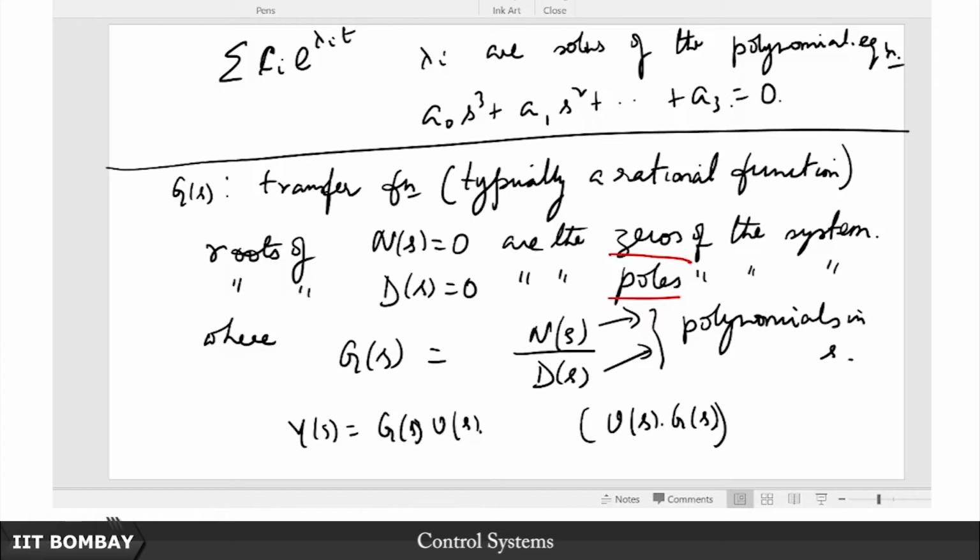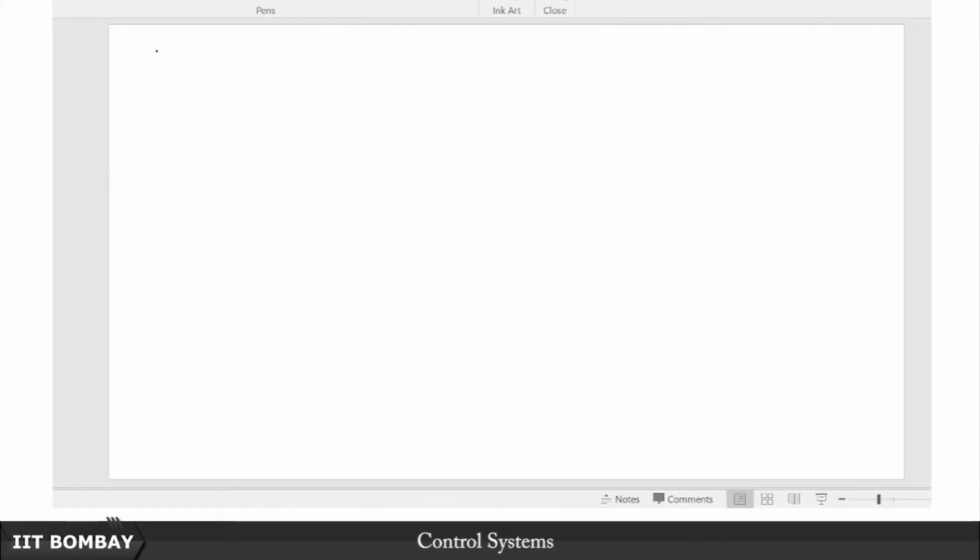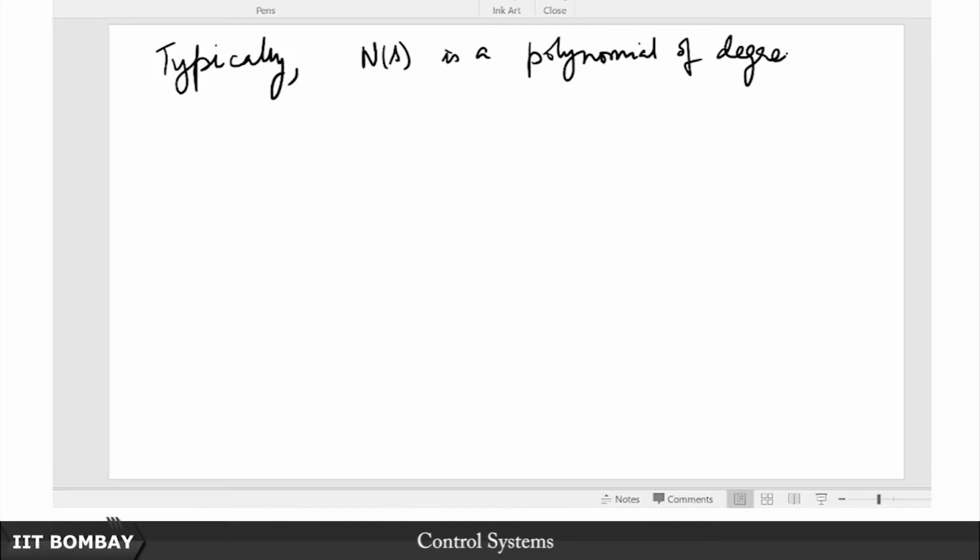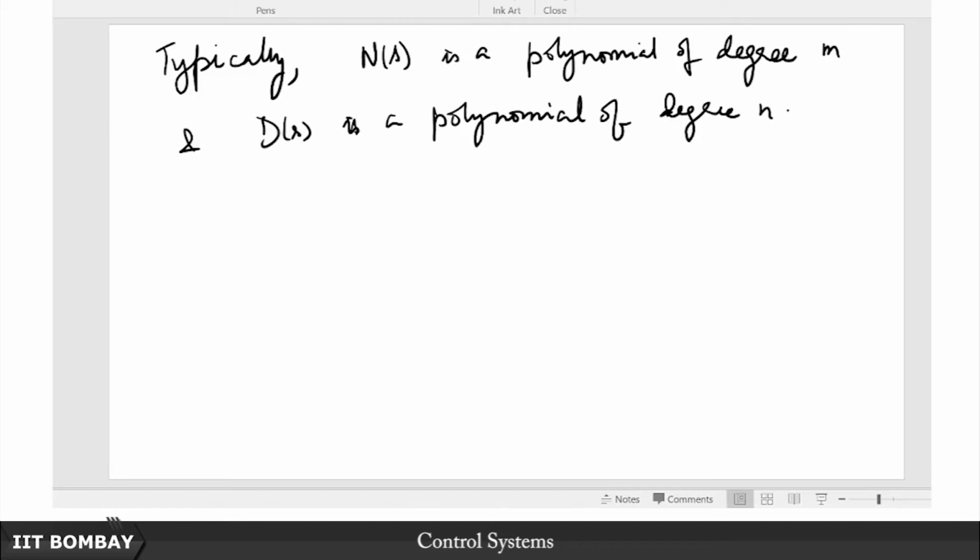So a few more observations. Typically, N(s) is a polynomial of degree m, and D(s) is a polynomial of degree n, with n being greater than or equal to m.